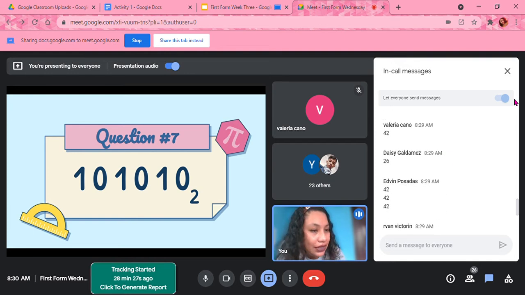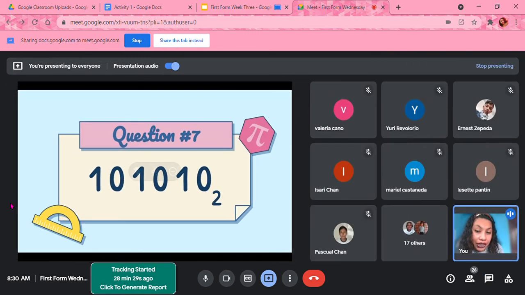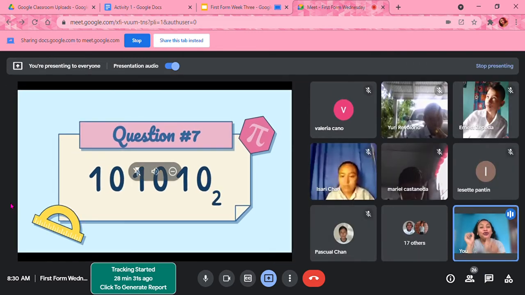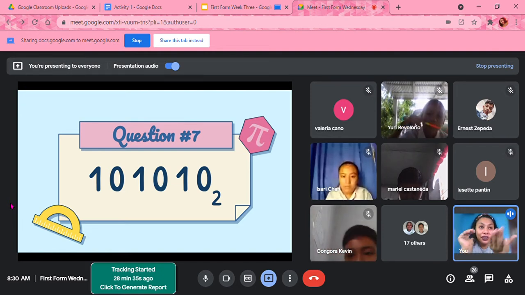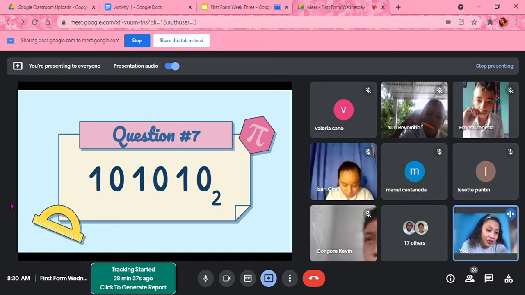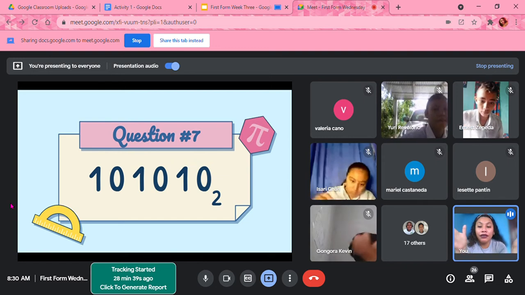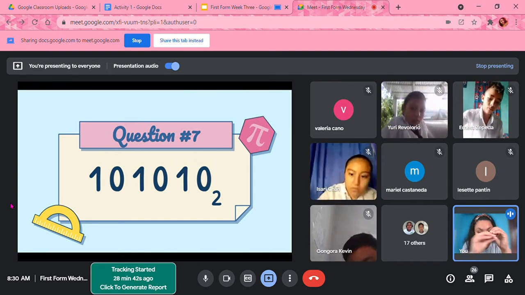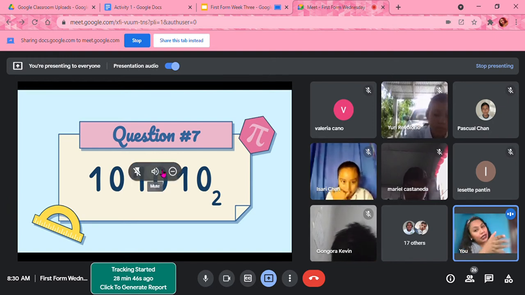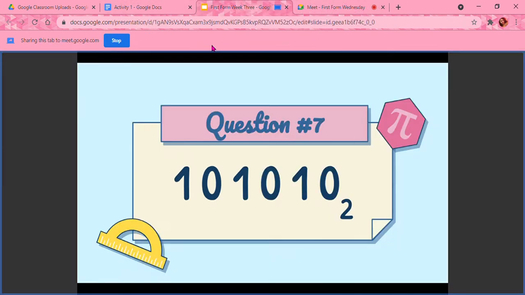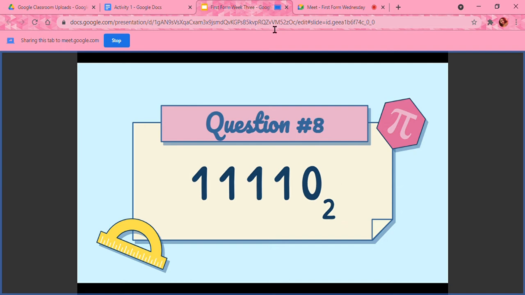Those of you that did not get 42, make sure that you're cross-checking, right? If you write a 0 instead of a 1, or a 1 instead of a 0, that is going to make your answer wrong, right? So you have to be very, very careful. Copy the questions correctly. Make sure that you're adding correctly. And then the powers, please don't go skipping a power, right? Next question, number 8.